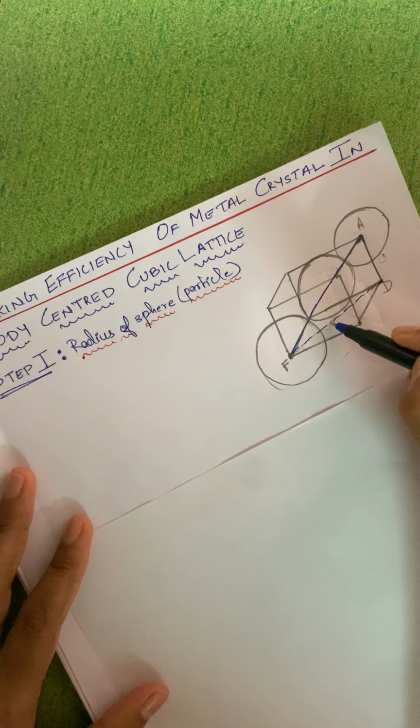Now what is this length? This thing is nothing but A, edge length. So I can say A square plus A square is equal to FD square. So FD square is equal to 2A square. So this is what I got from this triangle.